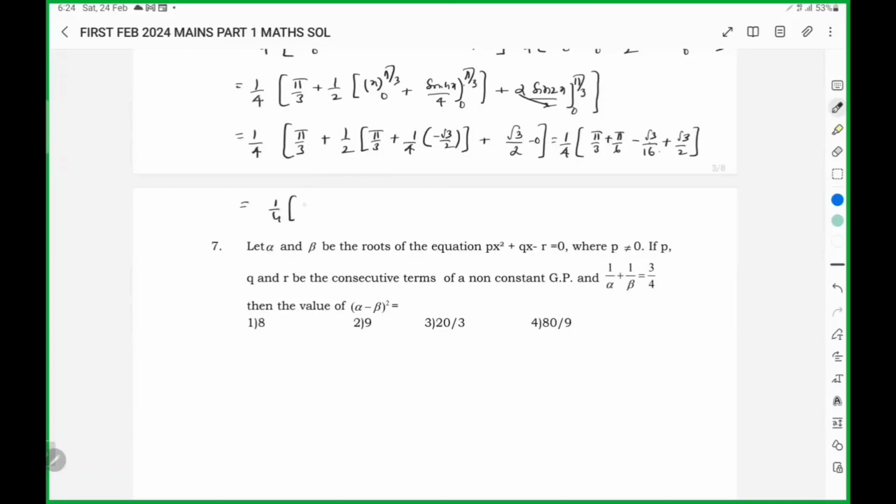One by 4, here 60 plus 30 is 90, 5 by 2, minus root 3 by 8 into 2 is 16, plus root 3 by 2, which is pi by 8 plus minus 8 root 3 plus, that is 7 root 3 by 64, a pi plus b root 3.